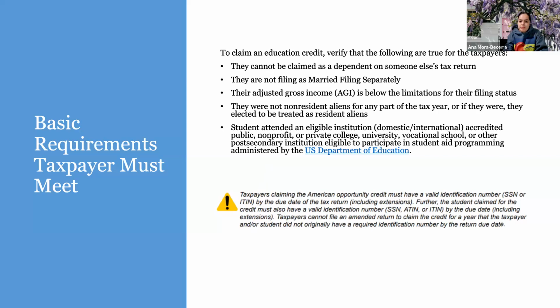Sorry, one quick question. Are you going to touch on graduate versus undergraduate education? Sometimes with the ITIN or just getting a Social Security number, if they're in grad school, they probably have already attended 4 years of undergraduate education.